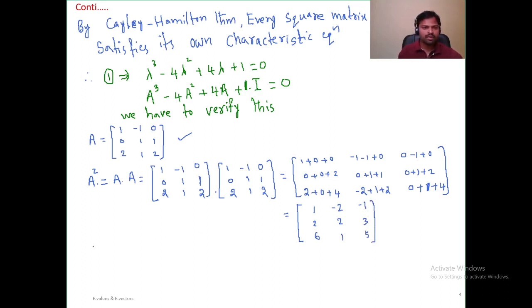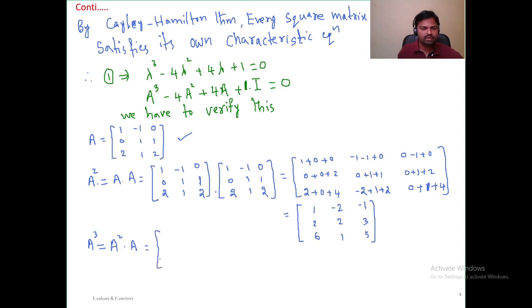Next one, we want A cube. So A square into A I want, right? So A cube is equal to A square into A. Now what is A square?